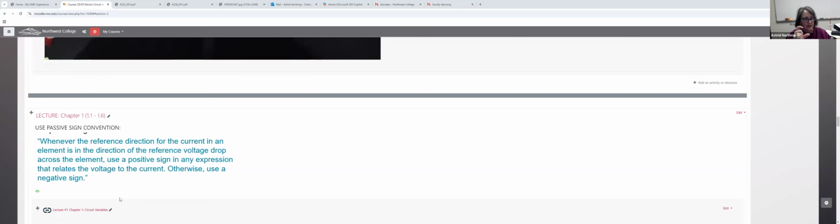So if the current moves in the direction of a voltage drop, in other words from positive to negative, you use a positive sign in anything that relates, for example, V equals IR. If, on the other hand, the arrow goes from negative to positive, then you use a negative sign.